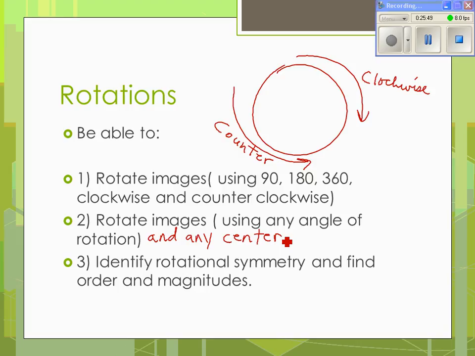If I'm on a graph, and I say, rotate this figure about that point right there, 60 degrees. Well, I can't give you a rule for every single point on the coordinate system and what's going to happen for every degree, because we'd be here for the next 20 years trying to write all of it down.